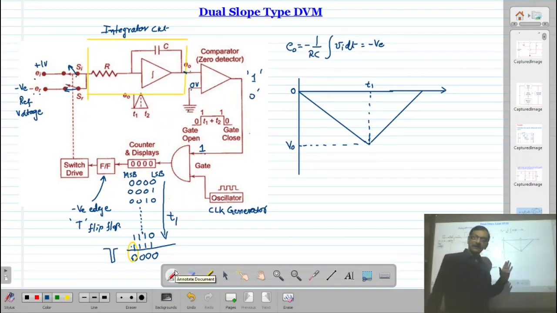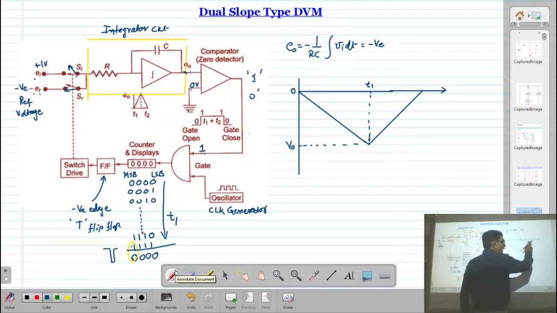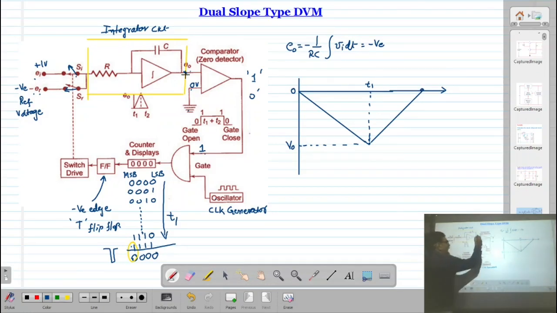So here the output voltage at this point goes on decreasing. Decreasing in the sense of negative voltage. Here this is minus 50 millivolt, then minus 40 millivolt, minus 20 millivolt, minus 5 millivolt, and at some point the output voltage is 0. So here this voltage is going to be 0. So what will happen now? The comparator output will not remain high, but will be low.